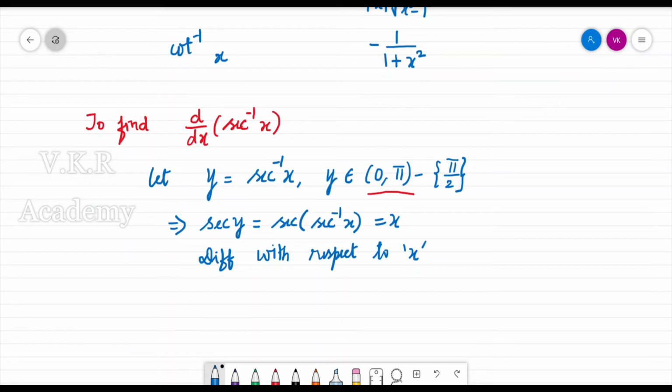Applying the chain rule on the left hand side, d by dx of secant y is equal to d by dx of x.